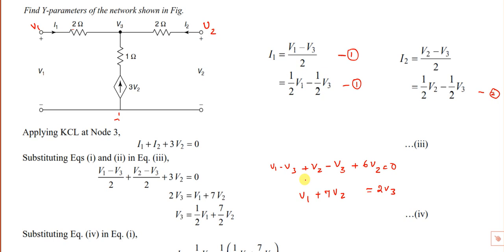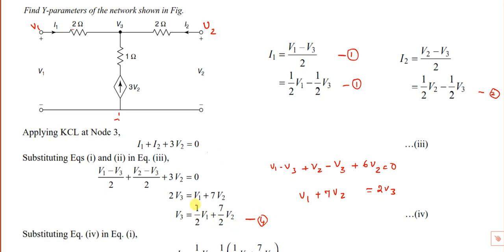Okay. Then next, the V3 value we got. This is the next equation. Now you have to substitute this V3 value. This is the third equation they have written, so this is the fourth equation.